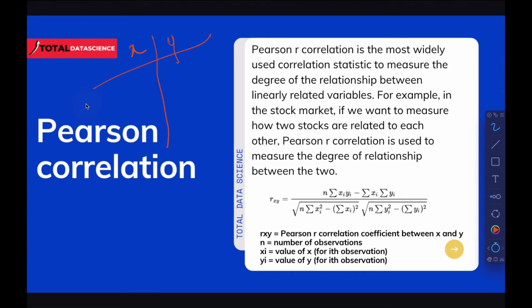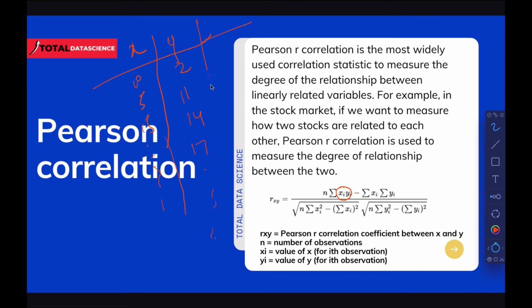So if you have x here, you might have some values, maybe 10, 5, 15, and for y you might have 2, 11, 14, 17, a lot of values too.